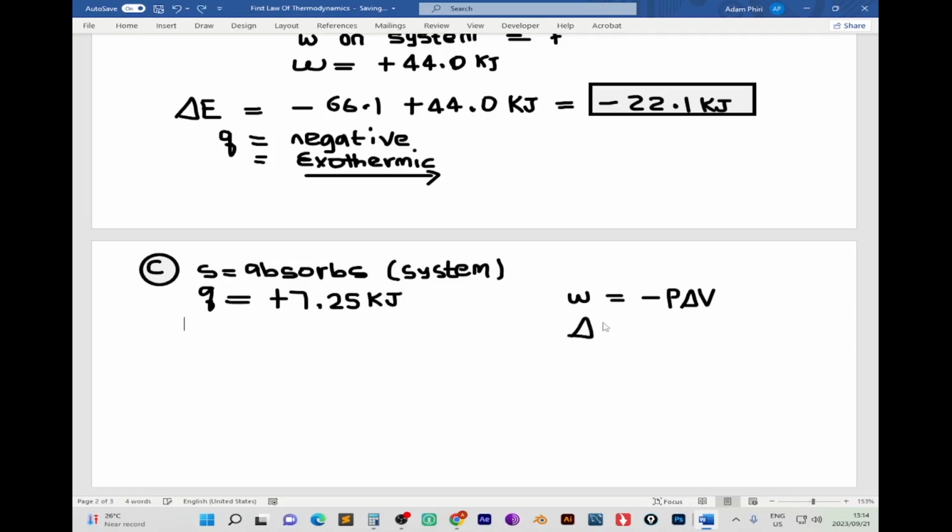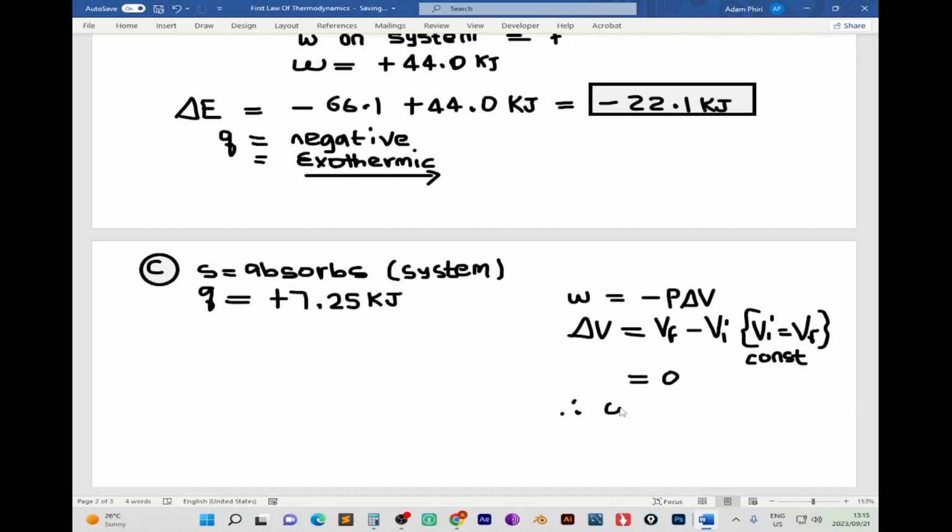Now they say that the volume is constant. Because the volume is constant, the final volume is equal to the initial volume, so the change in volume is 0.